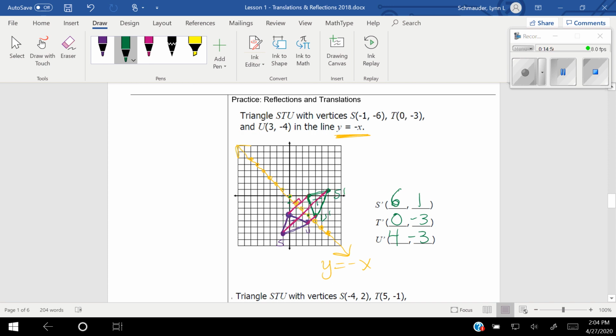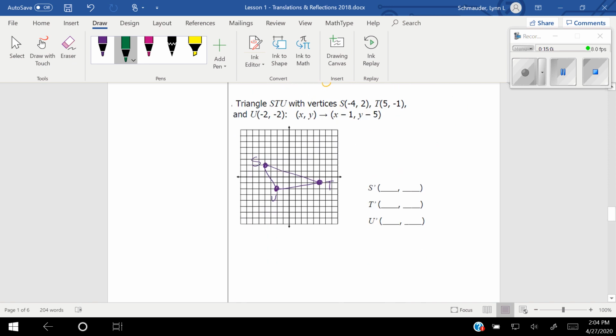So I want you to tell me, what is that rule for reflecting in the line y equals negative x? I want you to see if you can figure that out for yourself, just like we did on the previous two. And again, when I come back, I'll fill that in for you.